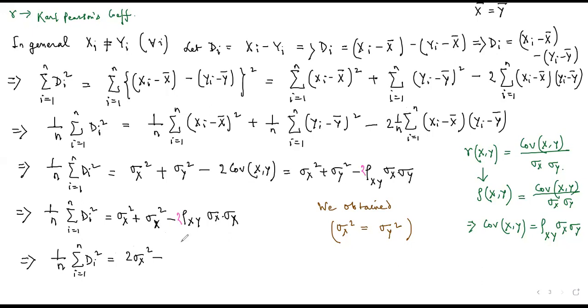So from these two expressions we get sigma x squared plus sigma x squared as 2 sigma x squared, and this is written as 2 rho xy sigma x squared.